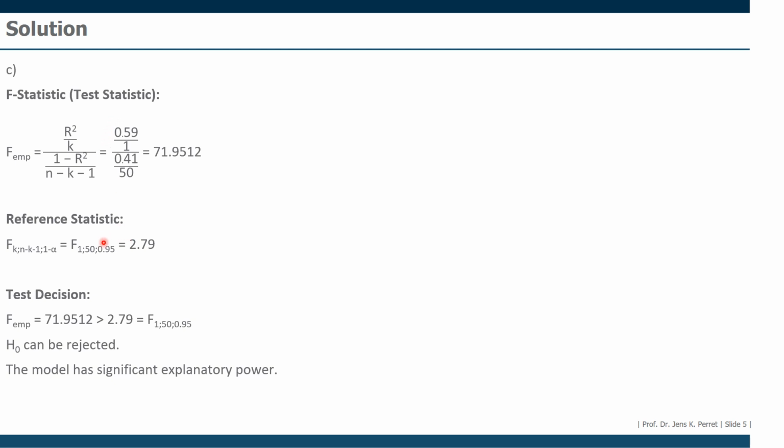On the other hand, it will lower the barrier, meaning it will give us a lower reference statistic. So increasing the number of observations is always a good choice if we want to have a model with significant explanatory power. And well, that's then everything there is regarding the tests, but also what we can learn from the different parts of this exercise.